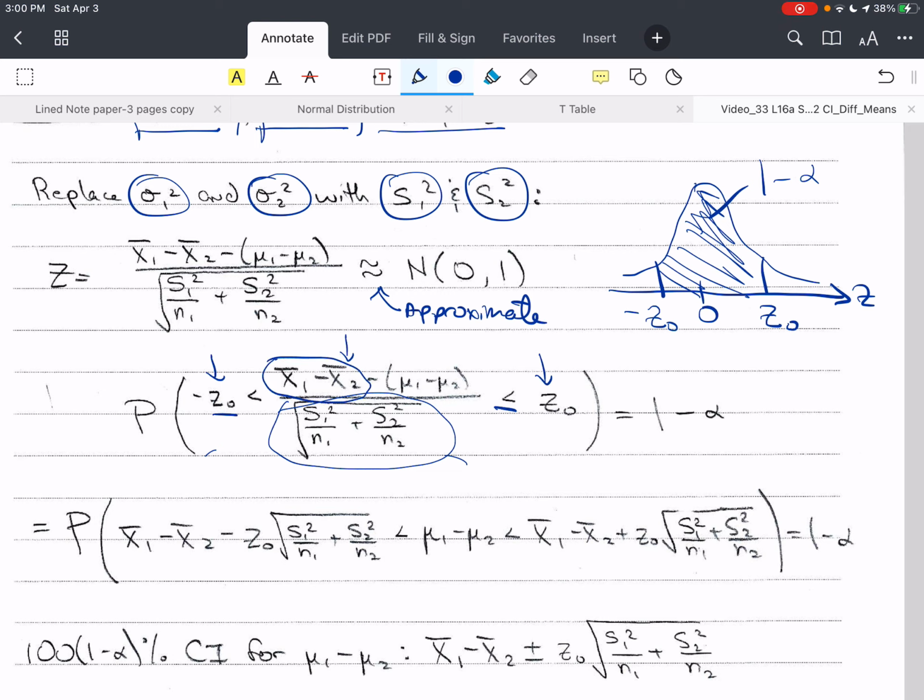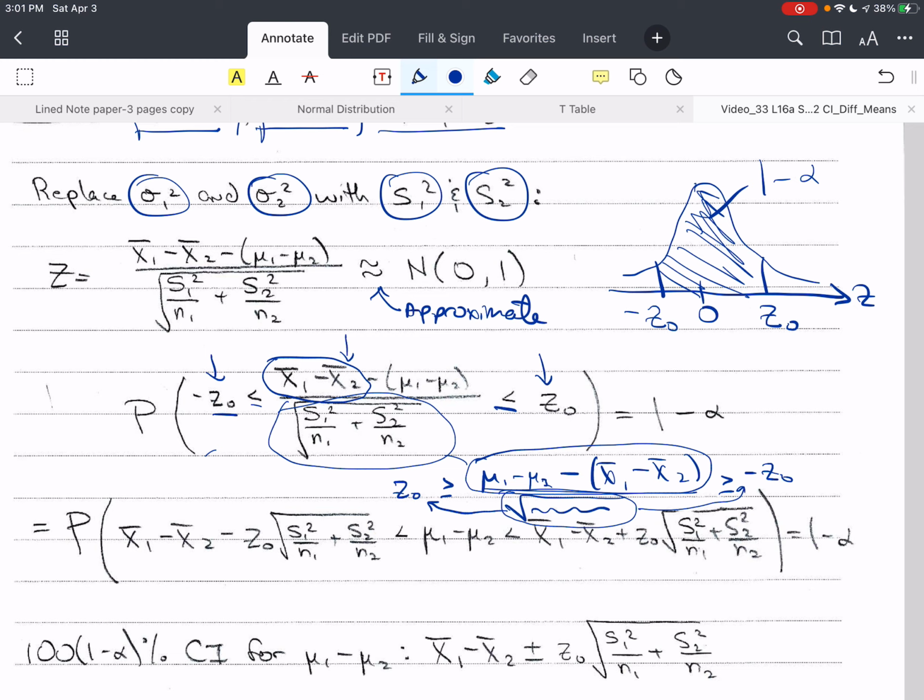Remember, we ended up with mu1 minus mu2 minus x bar 1 minus x bar 2, and this sign turned to greater than, over the square root, and this would be greater than or equal to negative z naught. So we take this and multiply it here, and of course in the middle, and then we're left with just the numerator here.